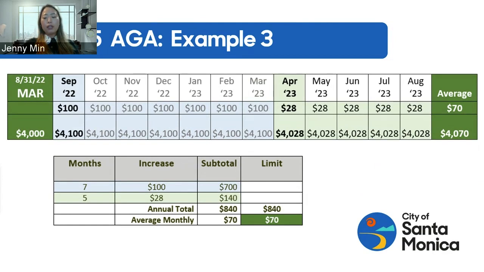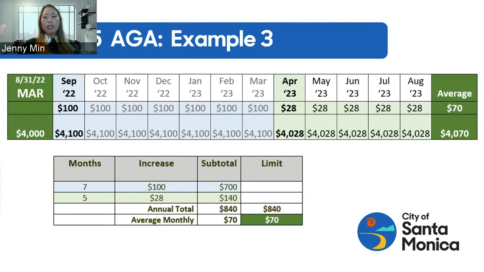So in this case, when we do the math, from September to March of 2023, for 7 months, they received a $100 increase. And then from April to August, they received a $28 increase. So when we do the math again for the averaging, it averages out to $70.